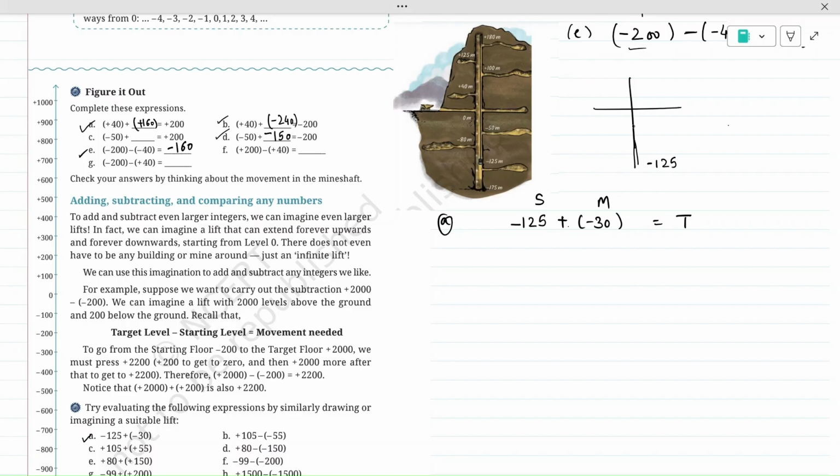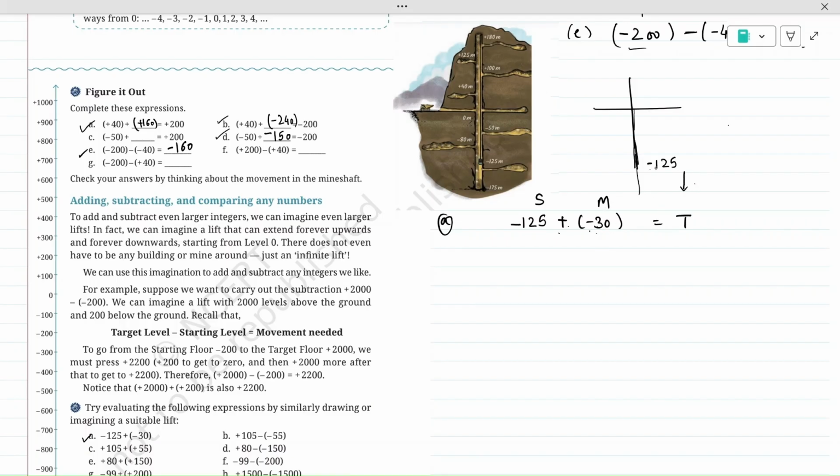From this minus 125, I am adding a movement of minus 30. Minus means I'm further going down. How many steps? 30 steps down. Because this is a movement of 30 steps.